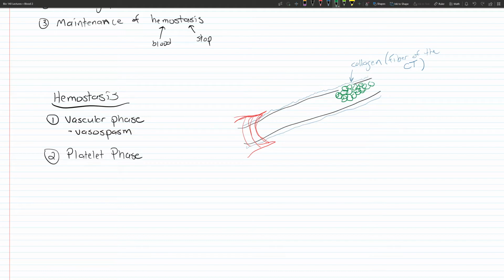This is called recruitment and adherence. Basically you're going to get an aggregation of all these platelets to the injury. And then third, you're going to get what's called the coagulation phase.